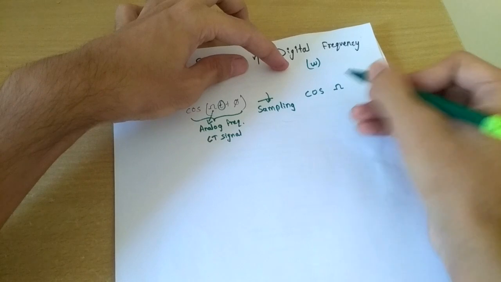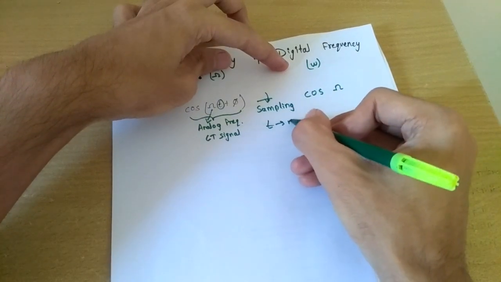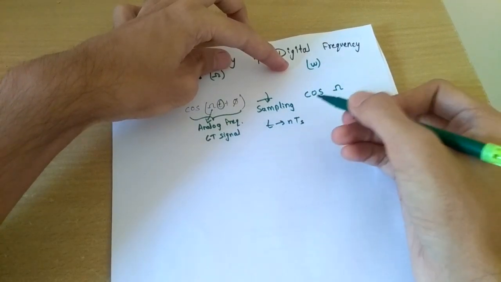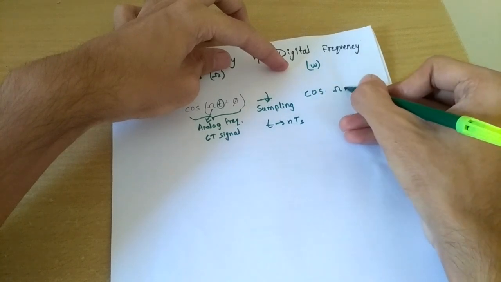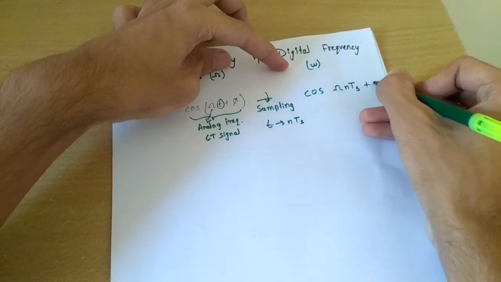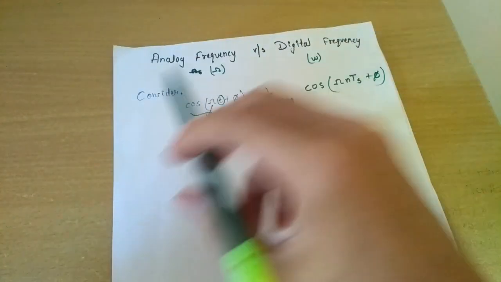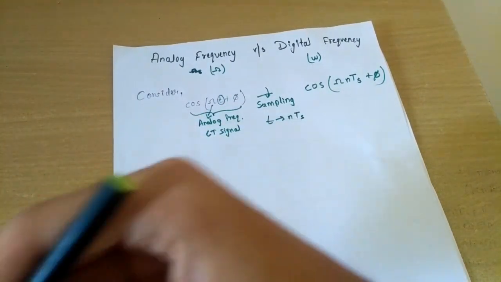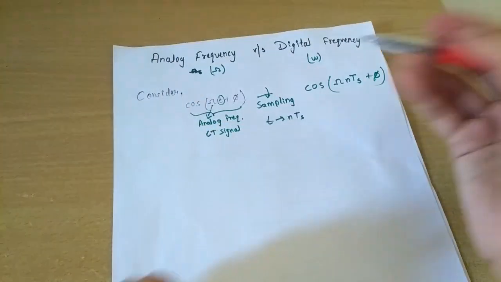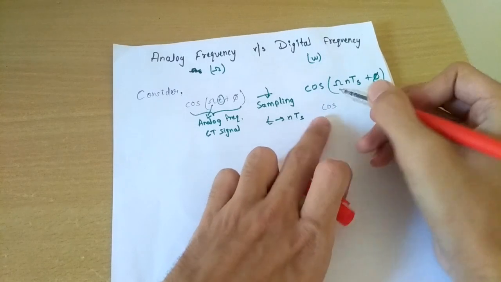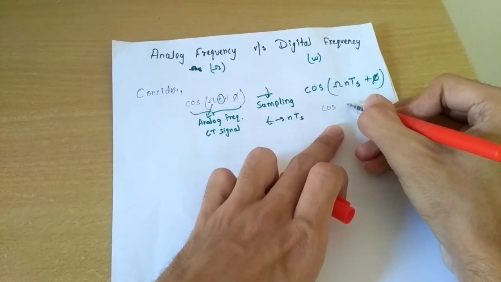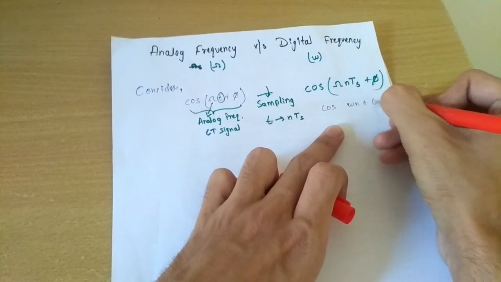cos(Ω nTs + φ), as we know that t is replaced by nTs. Now we know that the standard form in the digital domain, which is a digital signal, is cos(ωn + φ).